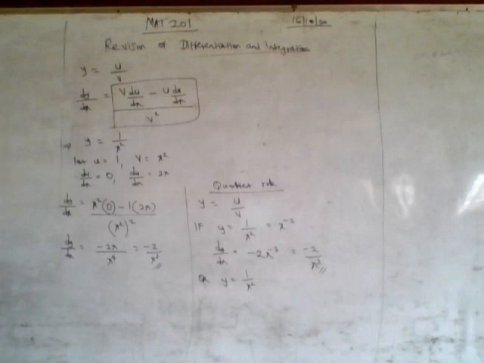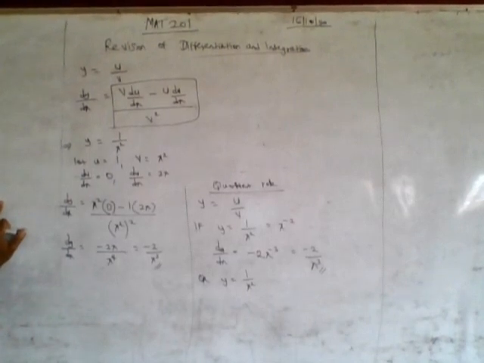We take another topic: differentiation of composite functions, or differentiation involving function of a function. Alright, let's take a look at this again. The product rule: if I have y equal to uv, I can get dy/dx using v du/dx plus u dv/dx.